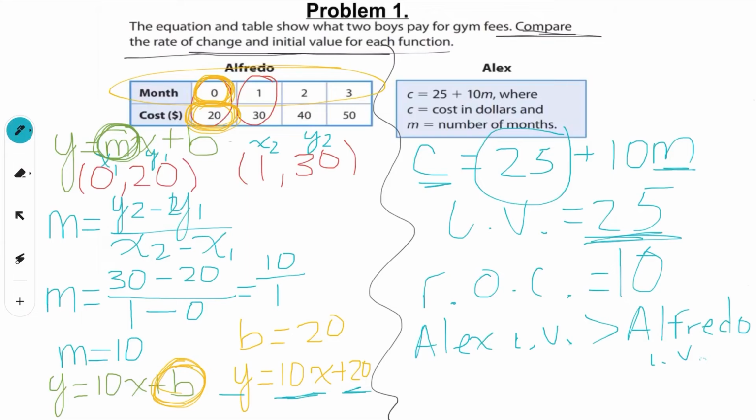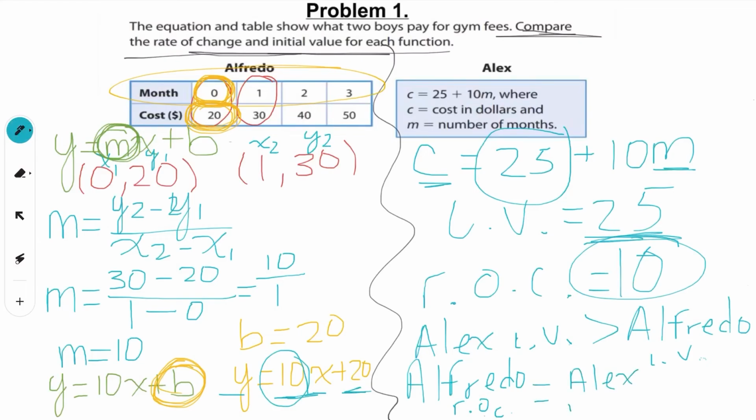Now the rate of change, I see that Alex has a rate of change of 10 and Alfredo has a rate of change of 10 as well. So Alfredo's rate of change is equivalent to Alex's rate of change.